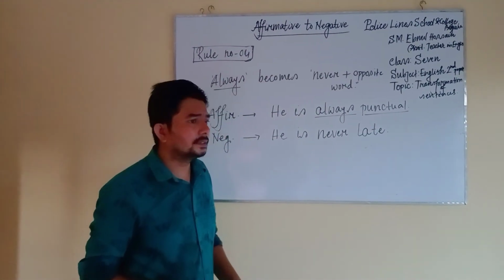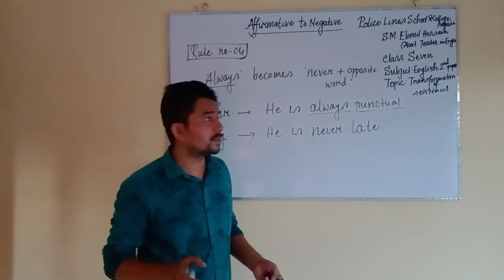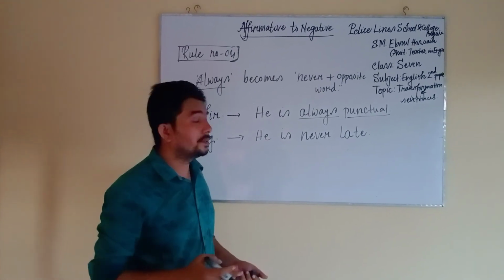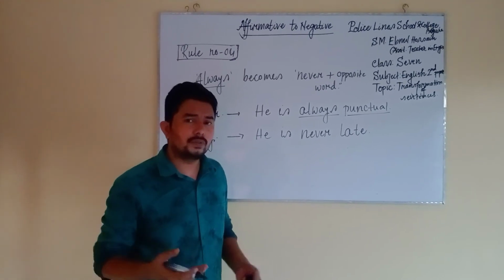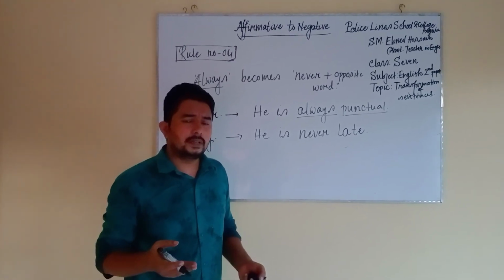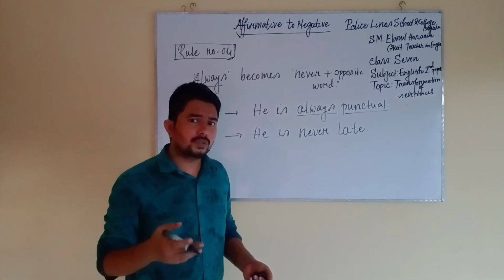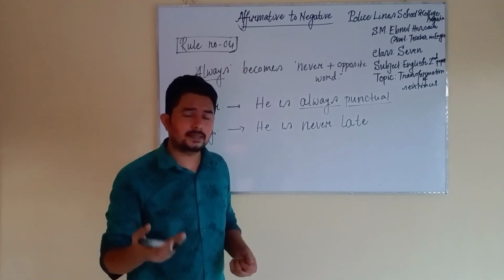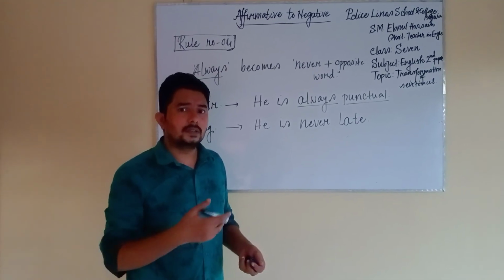So these are the basic rules of transformation of sentences, that means from affirmative to negative, and there are more rules, and it takes more than one classes. That means it takes a great number of classes to cover the topic.